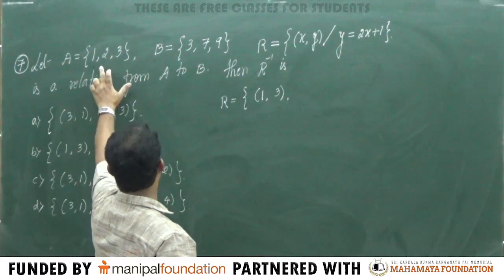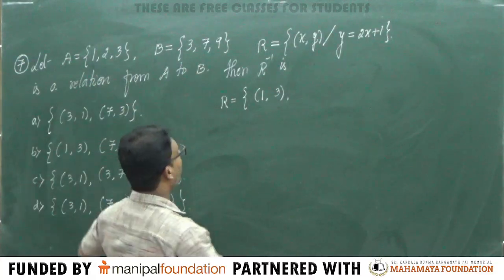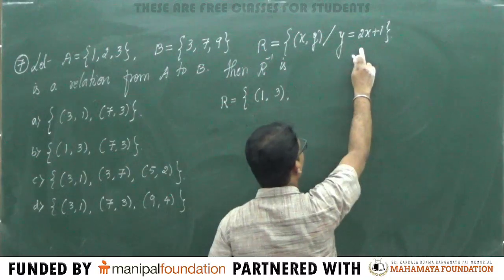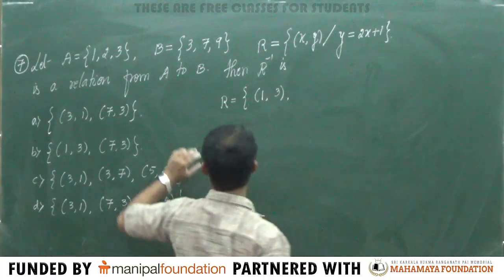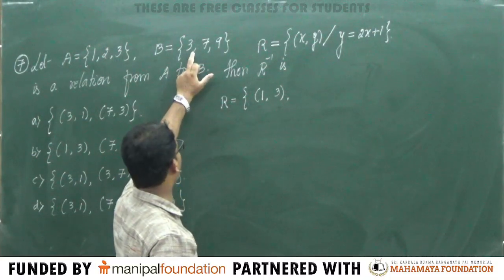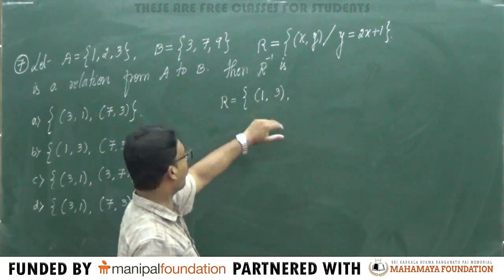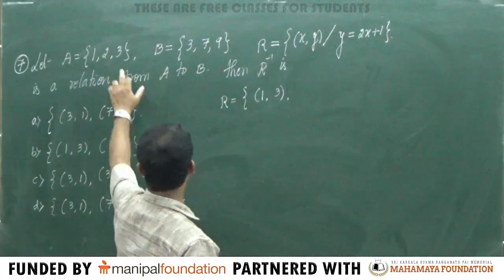Next let us take the value of x as 2. If we replace x by 2, after simplification we get the y value as 5, but 5 is not present in the set B. Therefore don't write (2, 5).